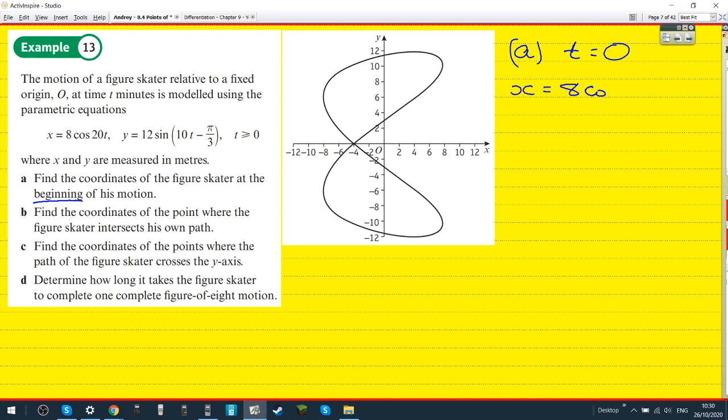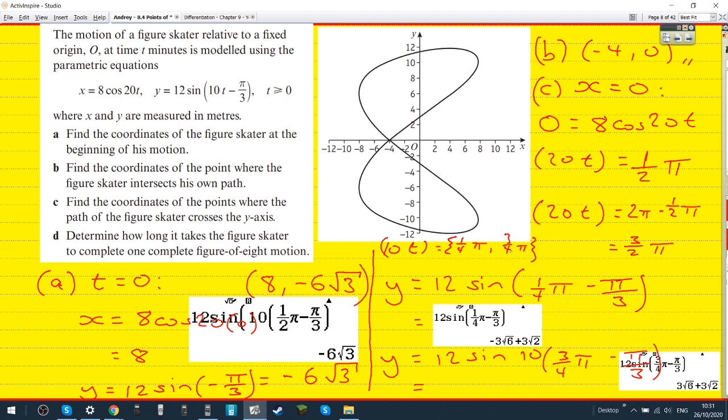So x equals 8 cos 20 times 0, and y equals 12 sine brackets 10 times 0 minus pi over 3. And so I get 8 as my first answer, so x is 8.